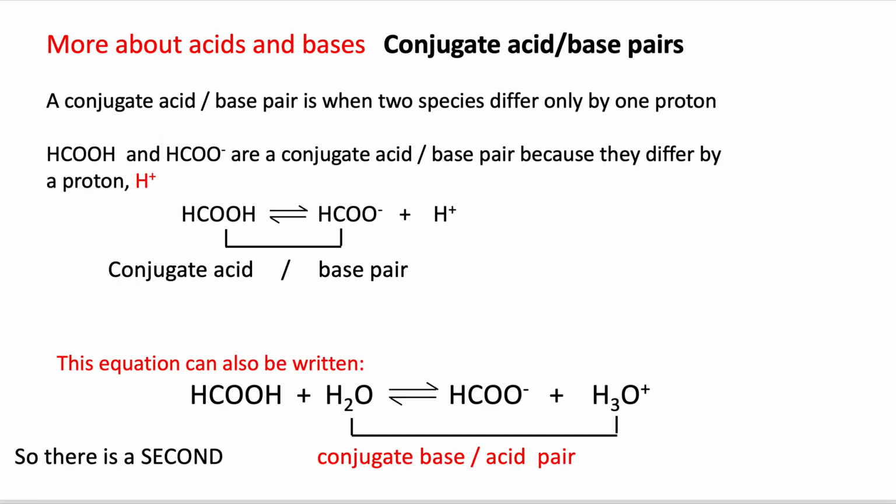And the equation can also be written more fully with water, because acids have acid properties with protons in aqueous solutions, and there's a second conjugate acid-base pair with the proton now associated with the water molecule, H3O+.